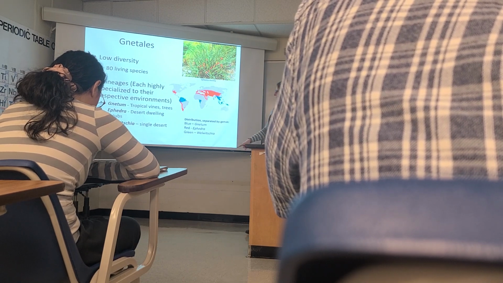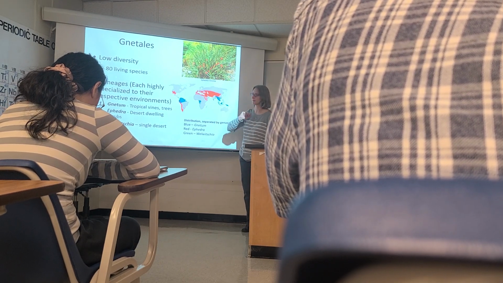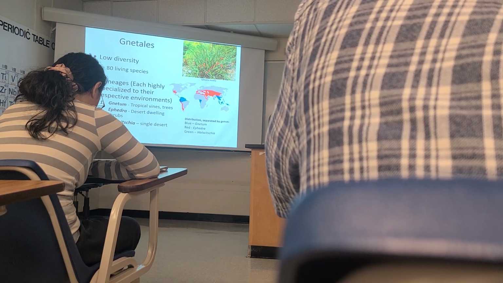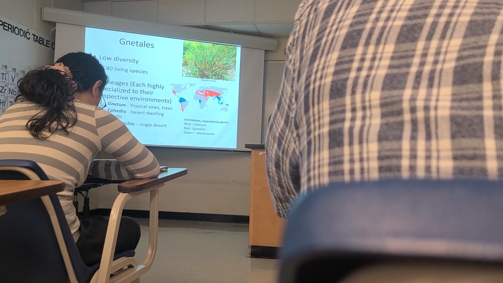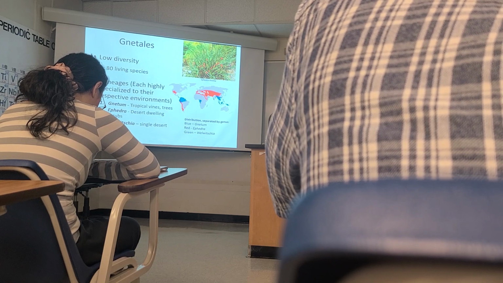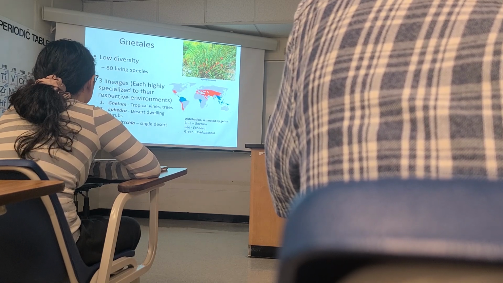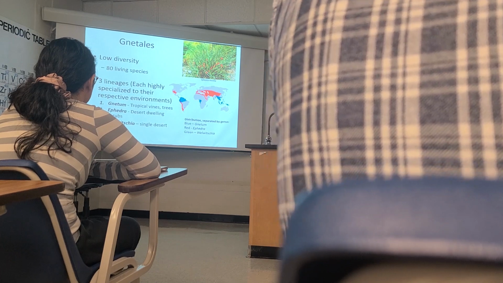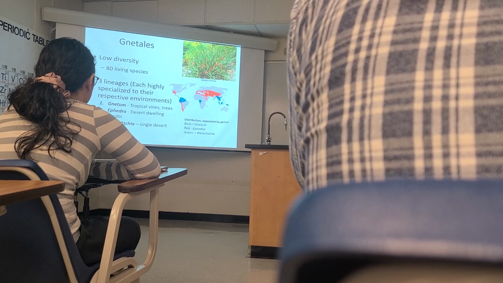And that's it, one place, and it's right there. That's the only place that one occurs. And it's a really weird and unusual looking plant, so we'll look at that one in a little more detail. Generally speaking, all of these are really weird looking plants.